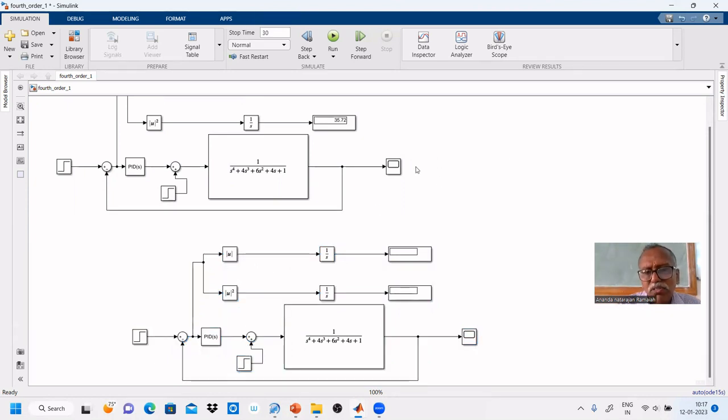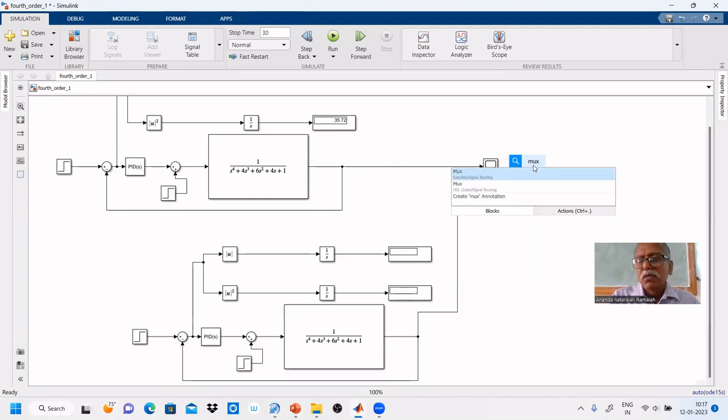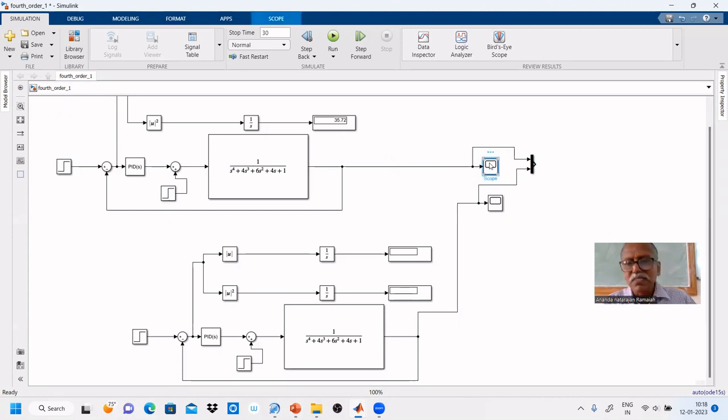So now I have to see both simultaneously. So I will take this and use a mux to combine these two together. So we'll select a mux. I want to see both in the same window.